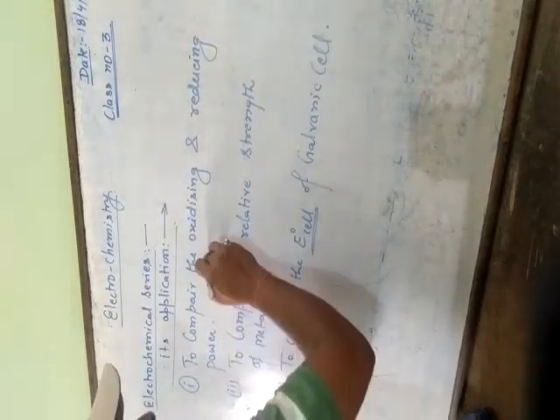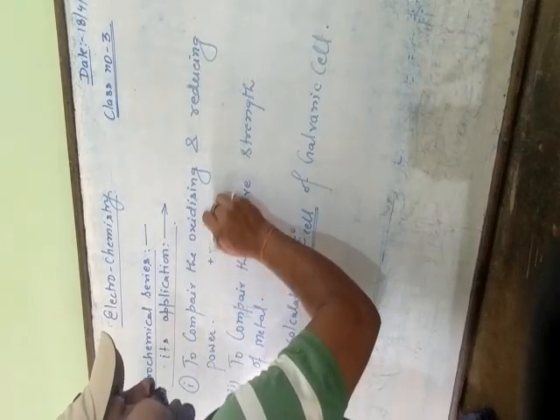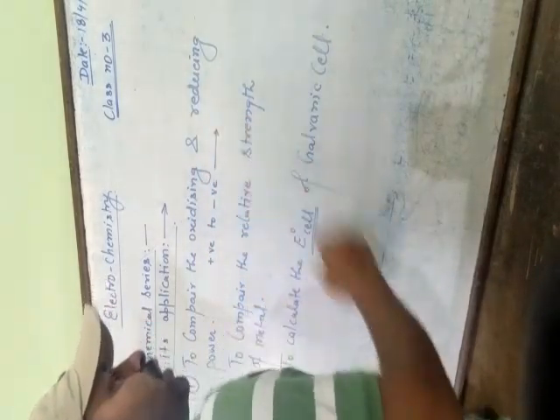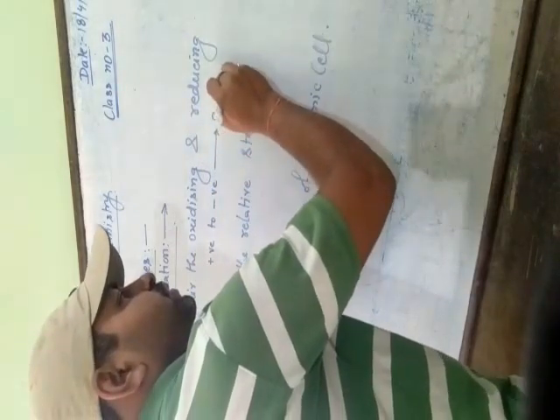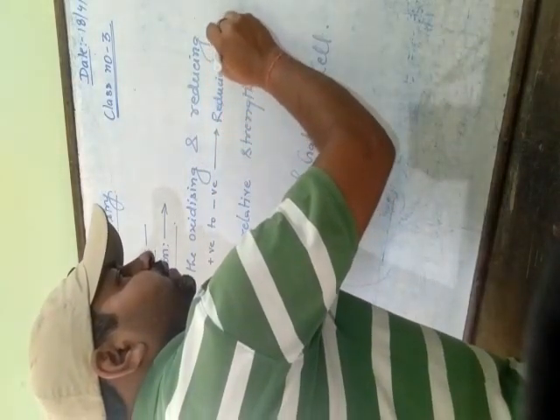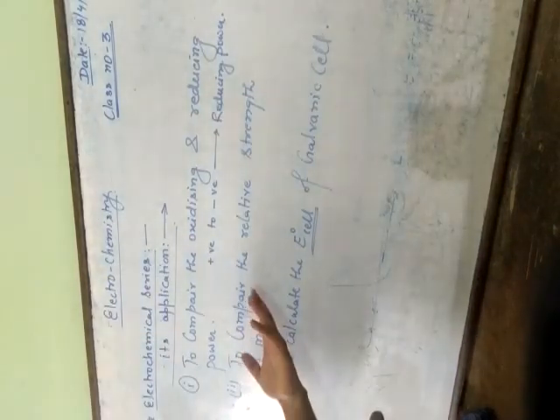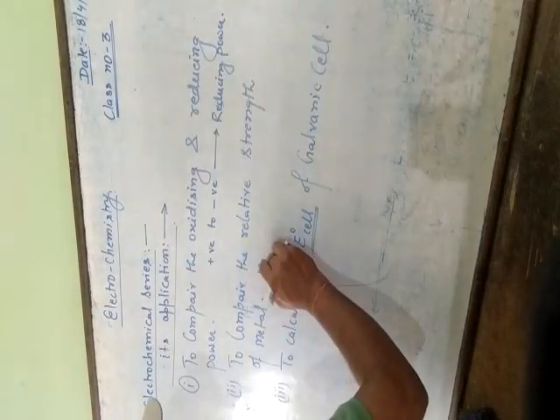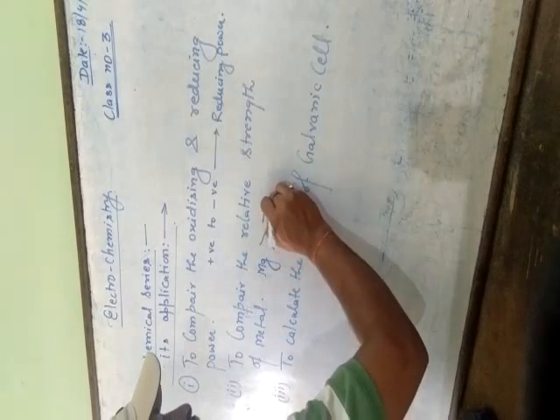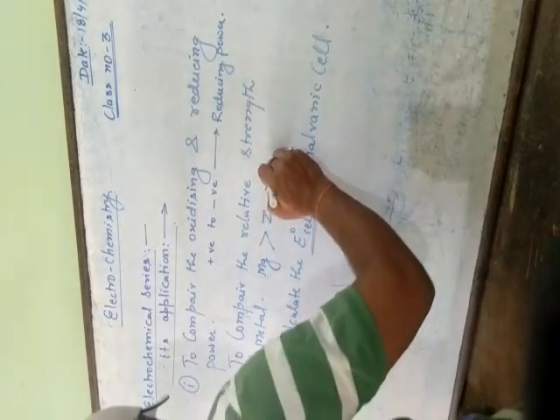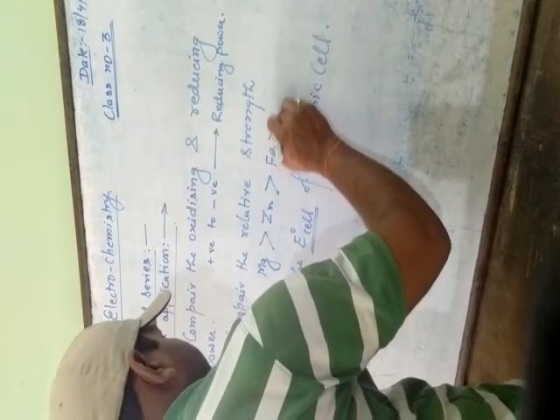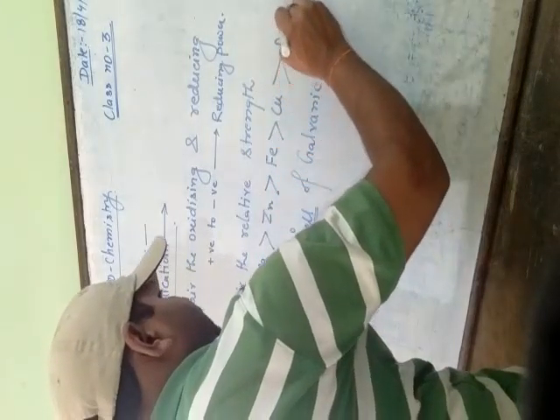So students, as we move from positive to negative, the reducing power will increase. And to compare the relative strength of metals, you compare: Mg is the strongest, then Zn, then Fe, then Cu, then Ag.